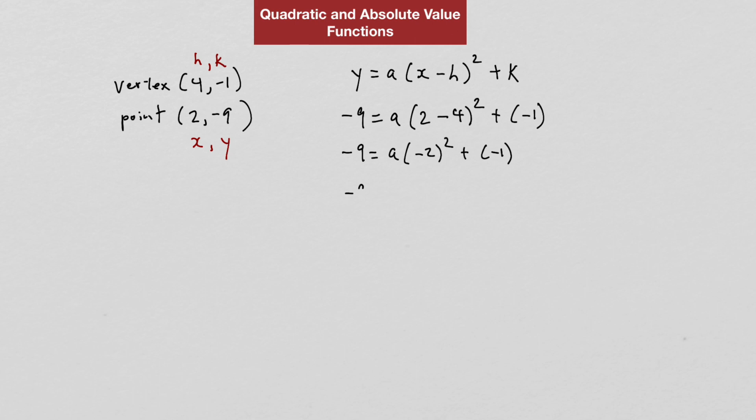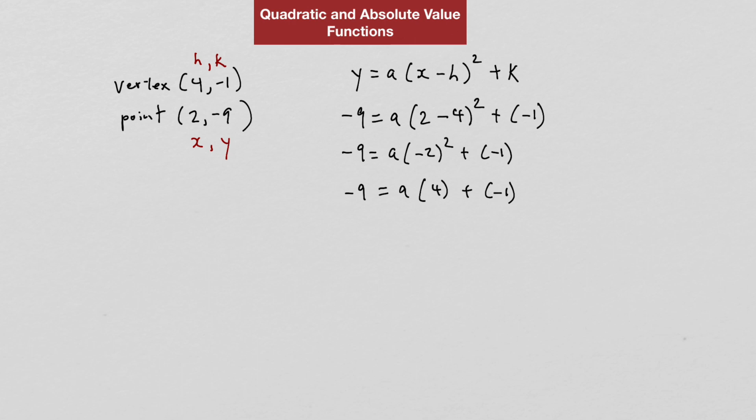So we get -9 is equal to a times 4 plus -1. All I did was I took my -2 and I squared it and got 4. Now we need to move this -1 to the other side of the equation, and to do that we have to add 1 to both sides.